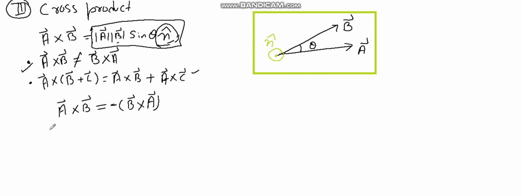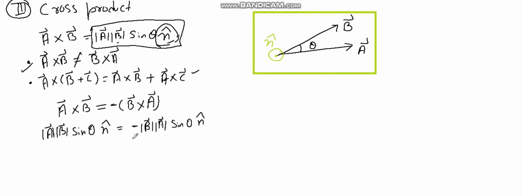Well, let's analyze. A cross B is the magnitude of A, magnitude of B, sine theta, which is the multiplication of scalar quantities, and the perpendicular direction vector n. Now here we will take B, A, sine theta and n cap.